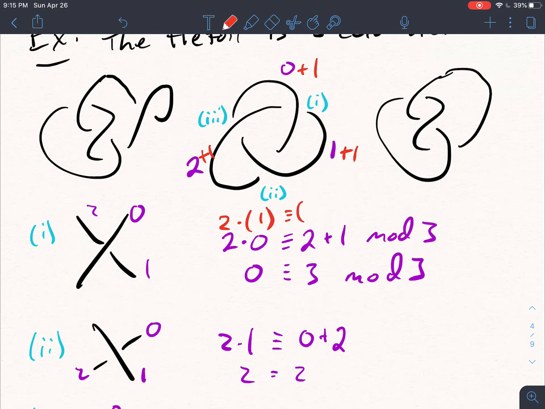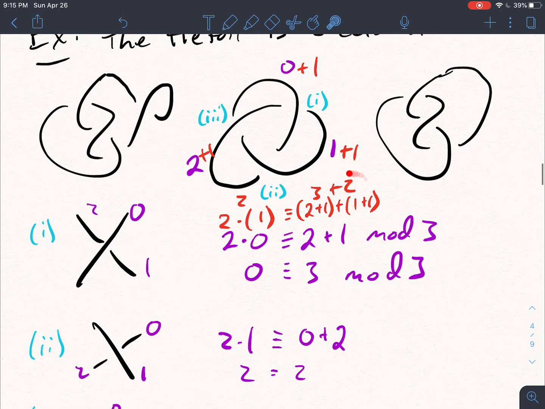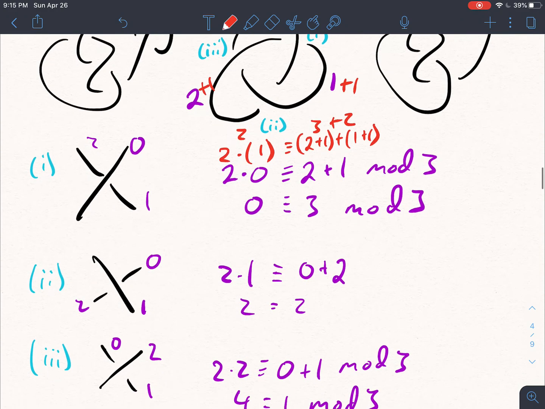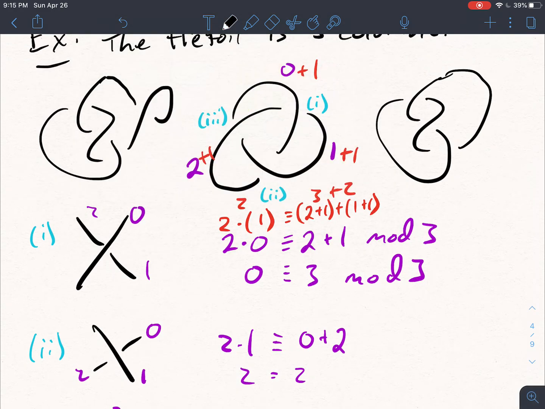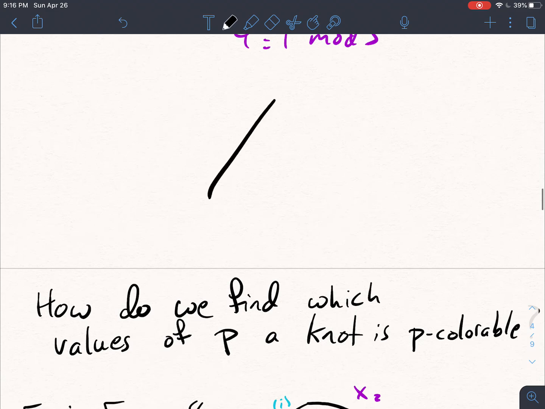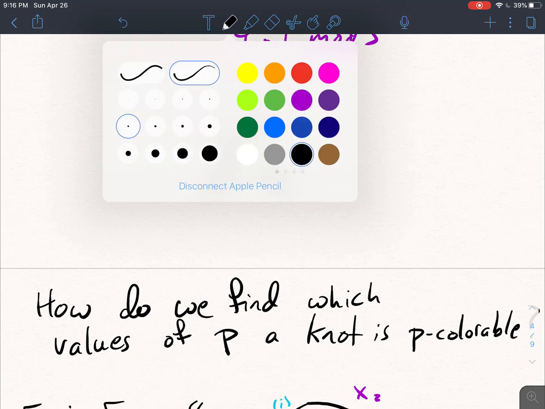In this first equation, instead of 0, I add 1 to 0. And over here I get 2 plus 1, which is 3, plus 1 plus 1, which is 2. So I get 3 plus 2 is congruent to 2 mod 3. And of course 2 and 5 are 3 apart, so this still holds.